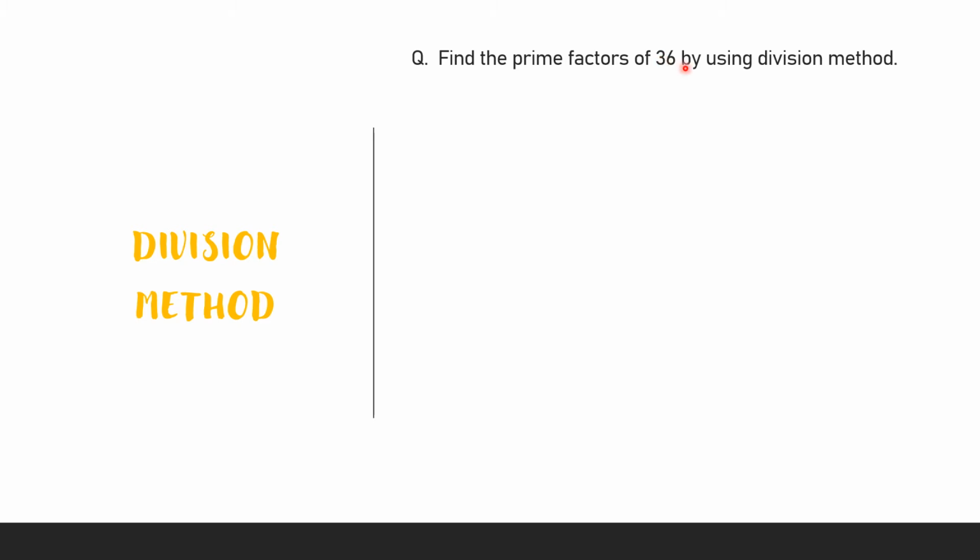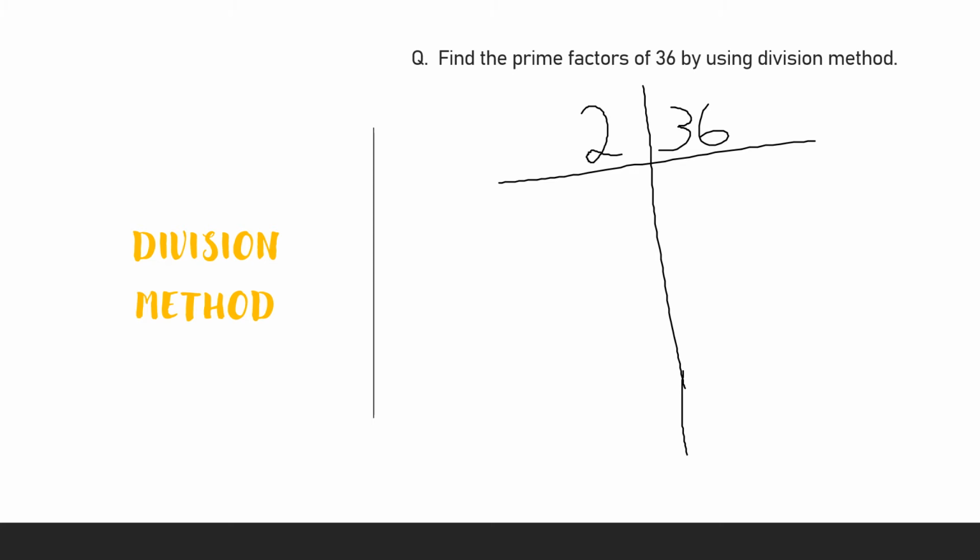Find the prime factors of 36 by using the division method. In the division method, we write the number like this. As 36 is an even number, we can divide it by 2.